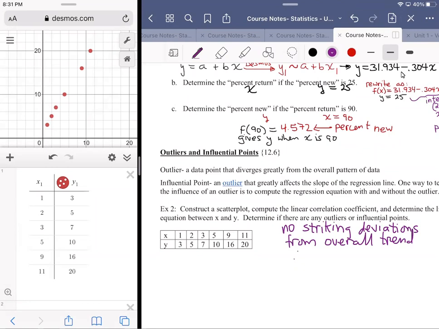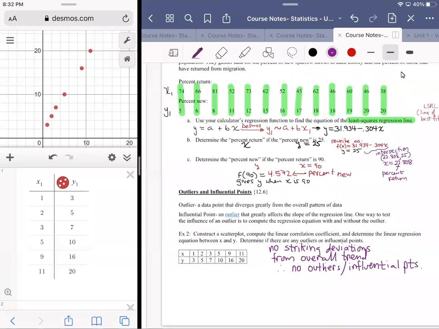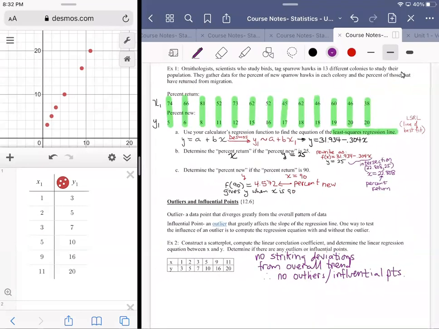So then we would say, therefore, no outliers or influential points. The only way you'd have either of those is if you saw a point that was out of whack.